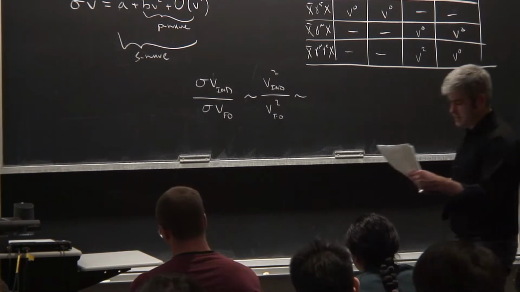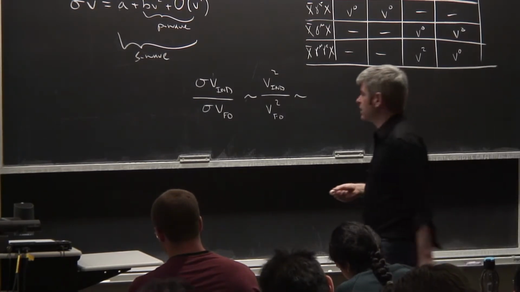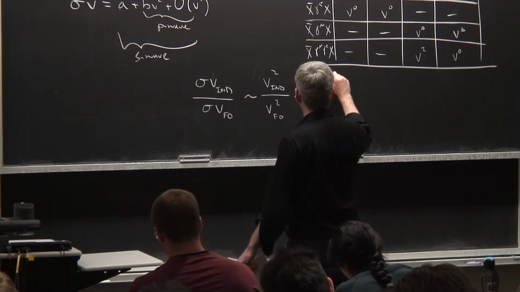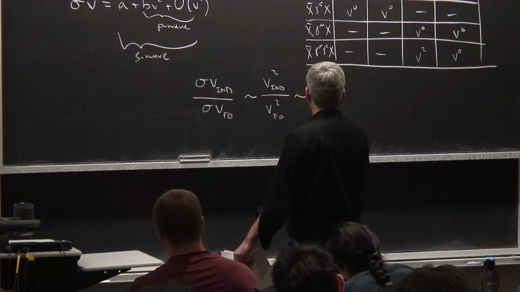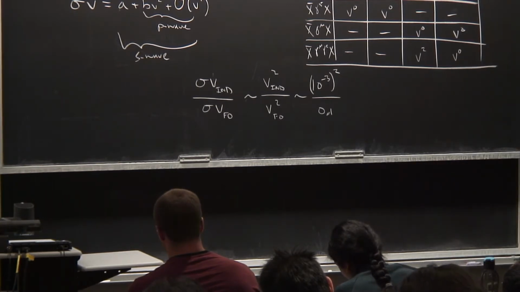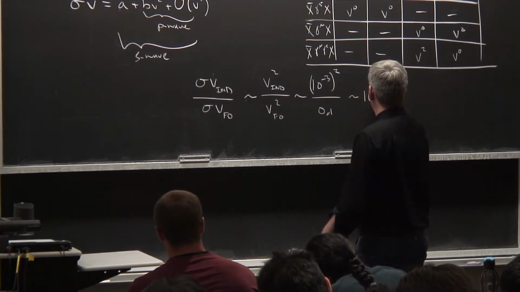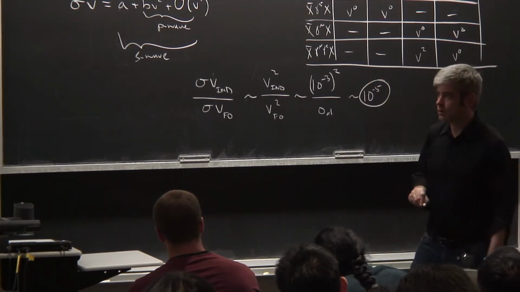Because in the halo today, typical dark matter particles are moving around at 10 to the minus 3 of the speed of light. And at freeze out, the velocity squared was about 0.1, or 1/10 of the speed of light squared. And that's a big number.